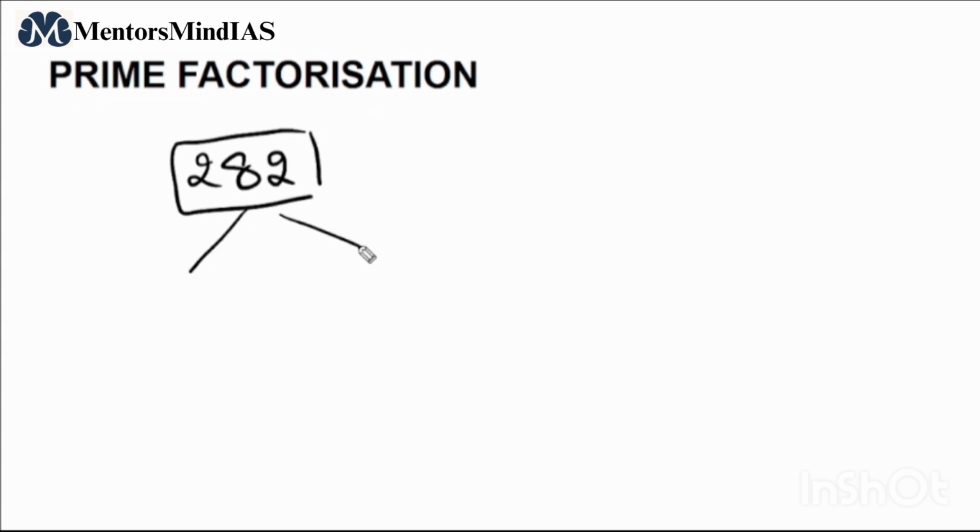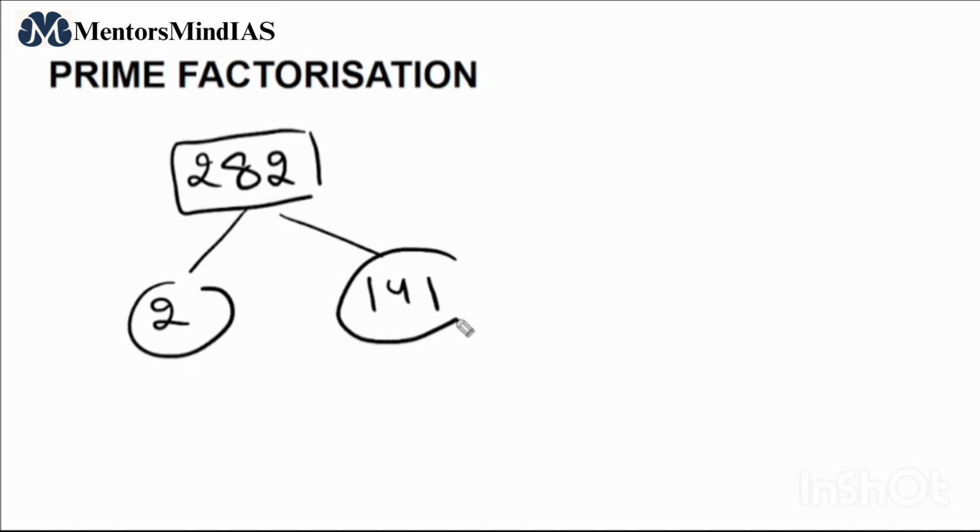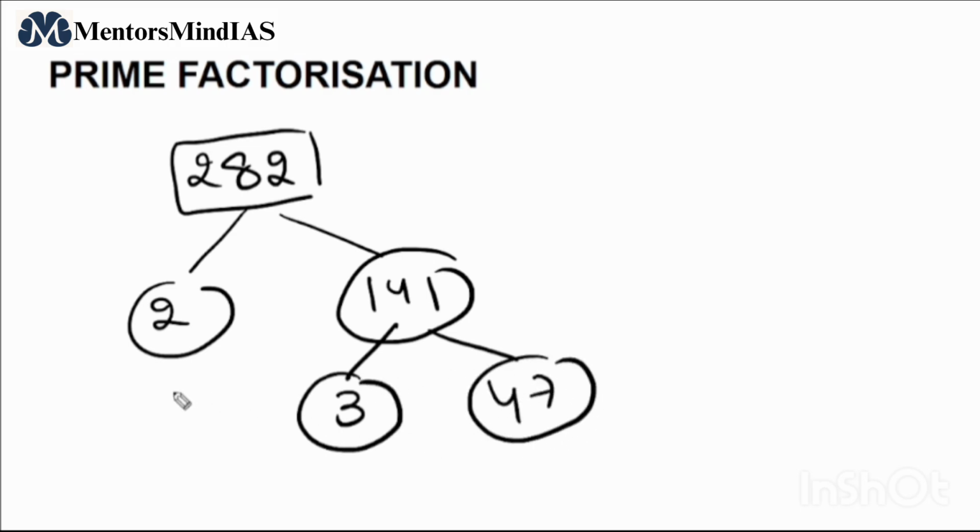Now again you can write it as 2 into 141. And now if you use the same method, 3 into 47. All 2, 3 and 47 are prime numbers. So 2 into 3 into 47. This is the prime factorization of 282.